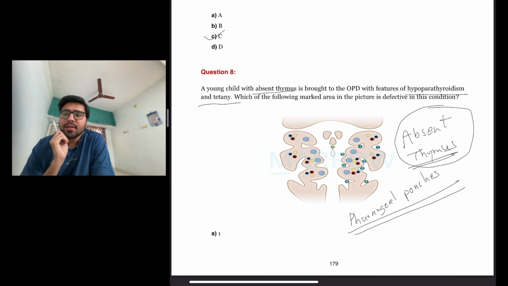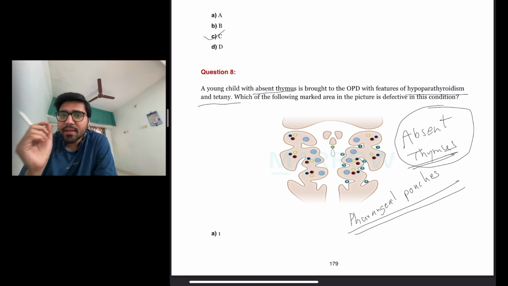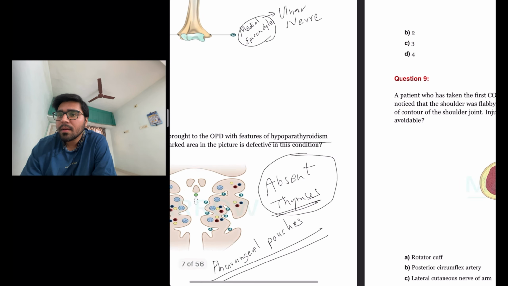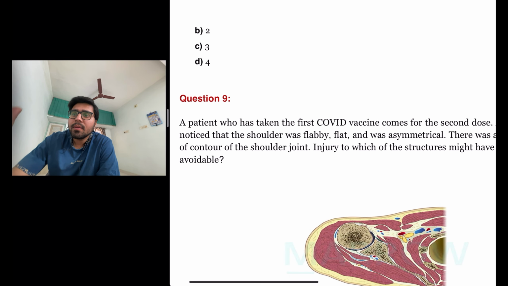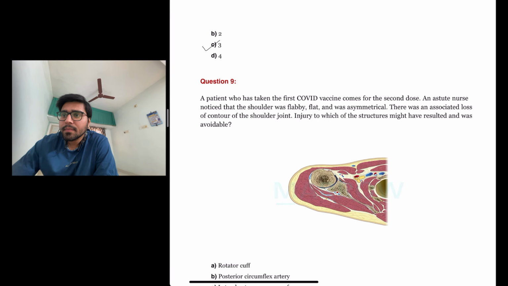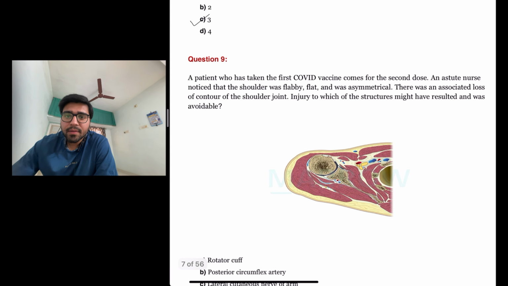Hypoparathyroidism means there is a defective parathyroid gland. So the parathyroid gland develops from the third and fourth pharyngeal pouches. But this clinical scenario is clearly suggestive of absent thymus. So the thymus develops from the third pharyngeal pouch. So the answer is 3. C is the answer.